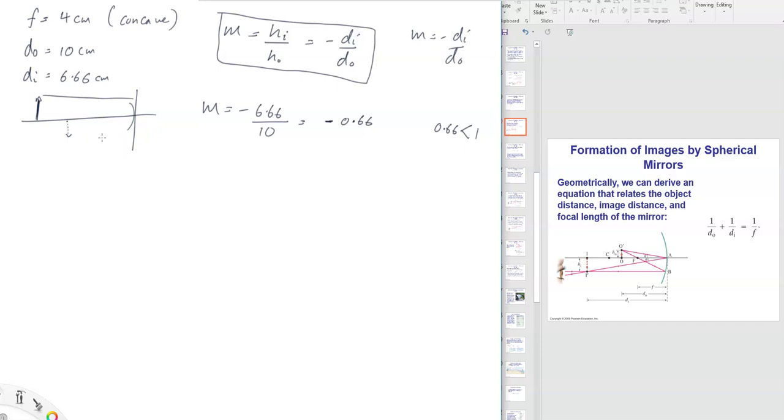Okay, so when it comes to this equation, one more time, 1 over do plus 1 over di equals 1 over f. There is something called the sign convention. Sign convention.